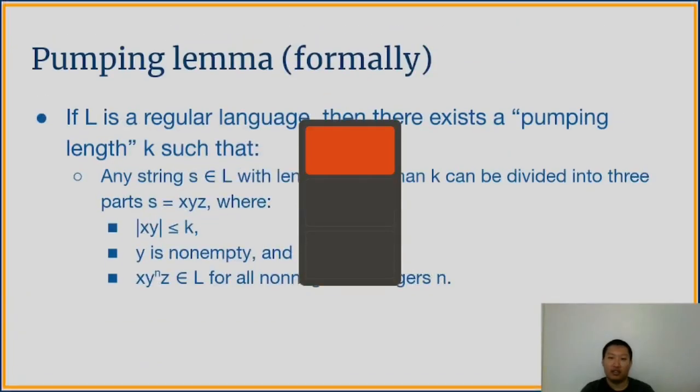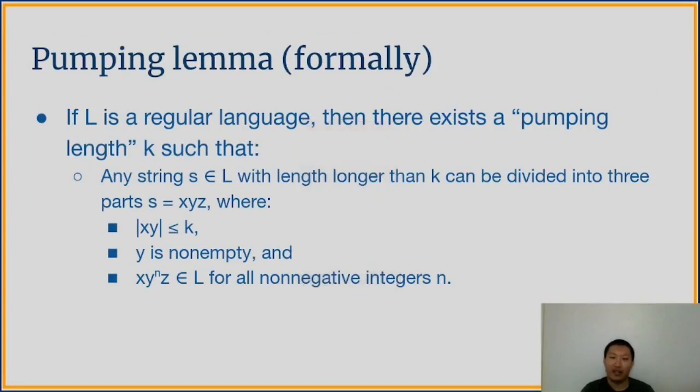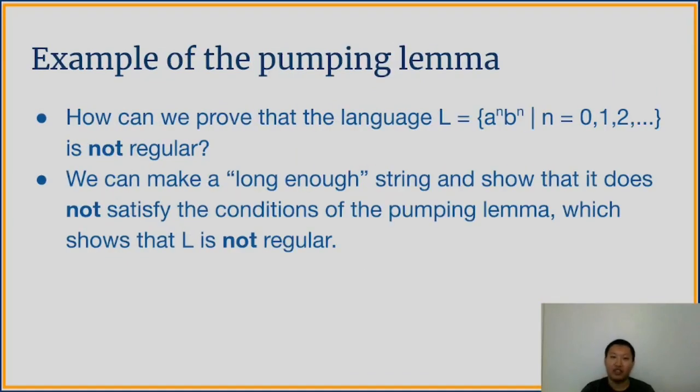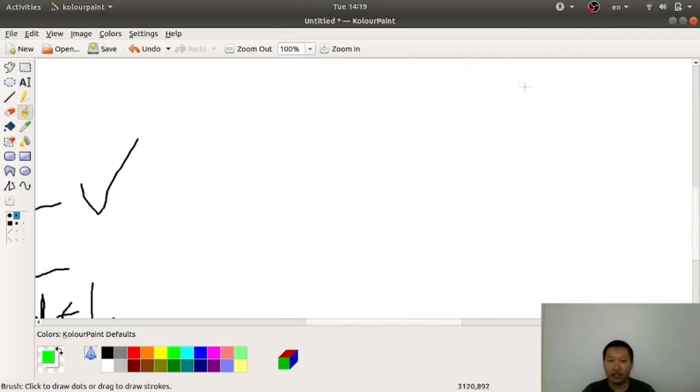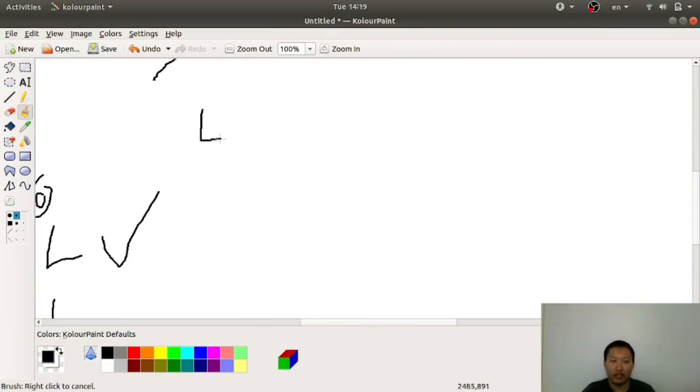So how do we use this to prove that a language is not regular? Well, let's do an example. We have the language L equals A to the n, B to the n.